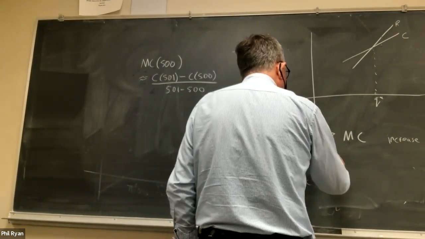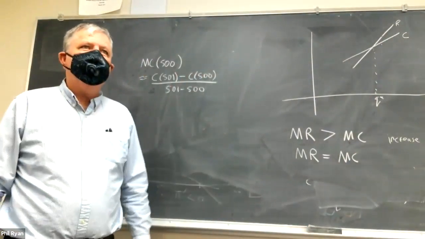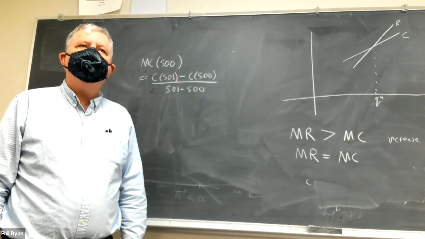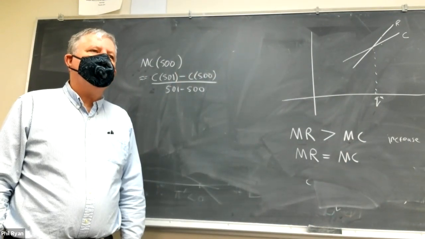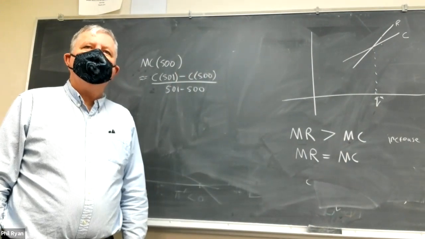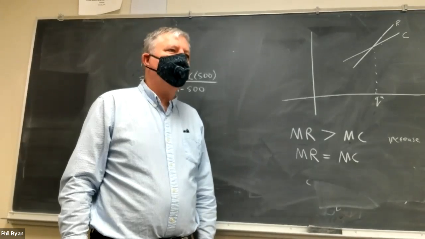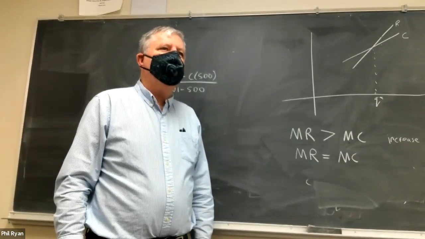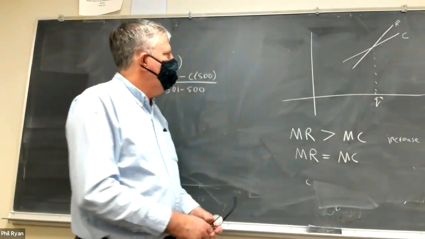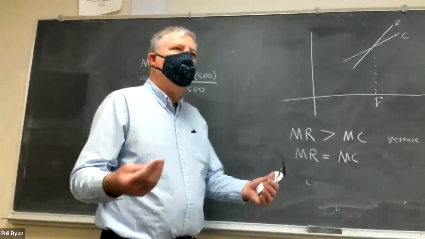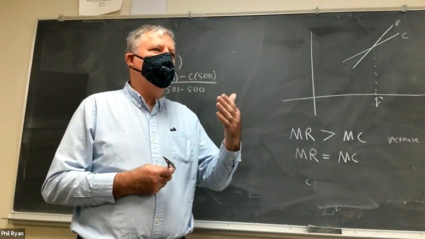What happens if marginal revenue equals marginal cost? What should we do? Should we increase production? So if marginal revenue equals marginal cost, what happens when we produce another good?